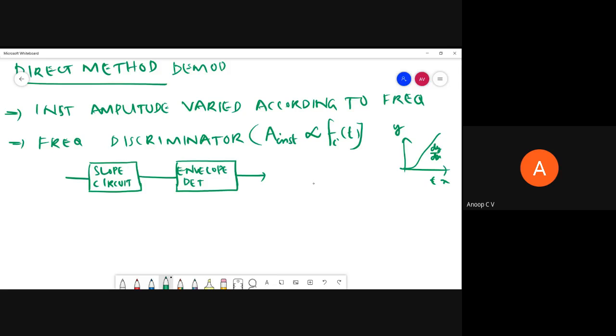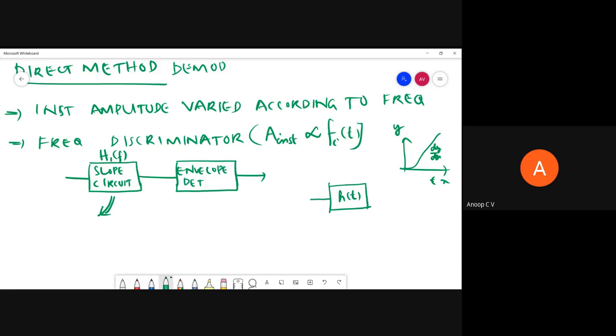Now we'll see what exactly the transfer characteristics of the slope circuit are. So if we say the slope circuit has a transfer characteristic of H1 of f, what actually is a transfer characteristic? For those who don't remember, an LTI system will be represented using its impulse response.